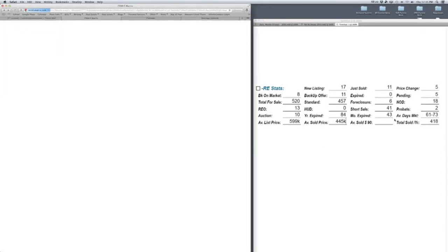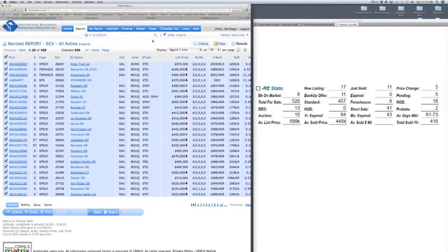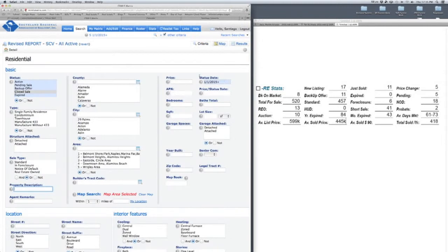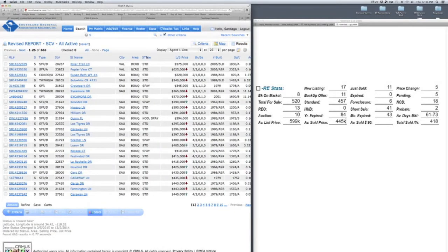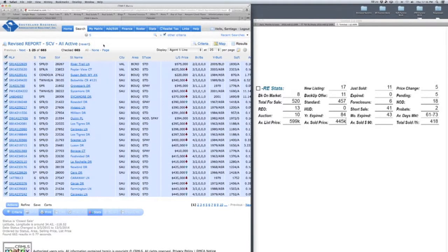Now I'm going to go back. All we need now is the average sold price within the last 90 days. I have all of my properties selected. I'm going to go to criteria, and instead of selecting my status date since the beginning of the year, I'm going to do 0-90 to show me the last 90 days. I want my results. Select all of my properties and then go to stats, tabular.